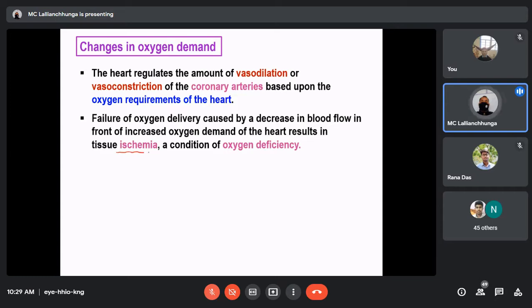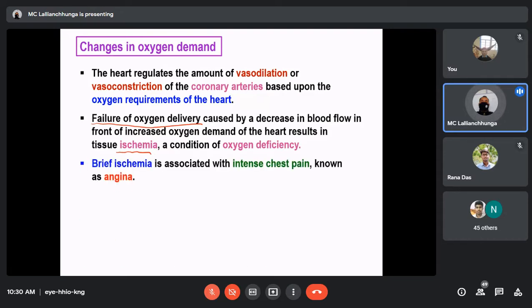Suppose there is failure of oxygen delivery to the heart muscle, but the heart muscle requires a high amount of oxygen. In this condition, I've already told you that there will be infarction, myocardial infarction. The area affected by the low oxygen will die. A deficiency of oxygen is known as ischemia.